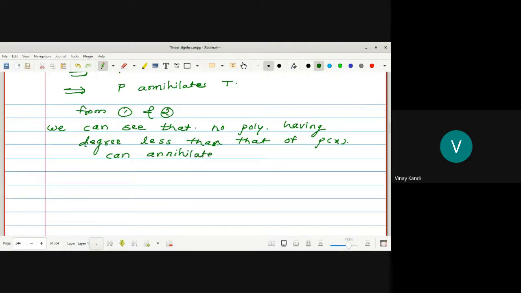Hence this P of x is what? Yes, sir, the minimal polynomial for T.